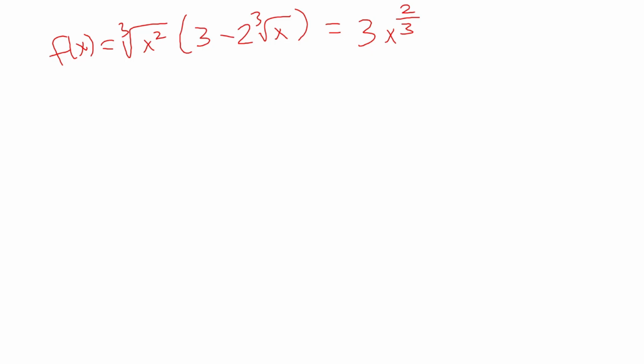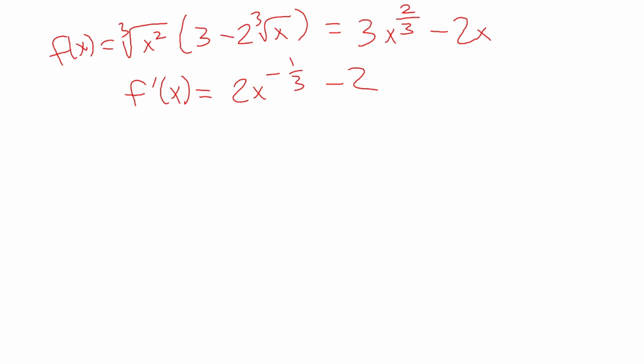And then when I multiply x to the 2/3 by x to the 1/3, that just becomes x to the 3/3 when we add the exponents, or just x to the first power. So minus 2x. So when we take our derivative, f prime of x, we should end up getting just the derivative of 3x to the 2/3 should just be 2x to the negative 1/3, and then minus 2.